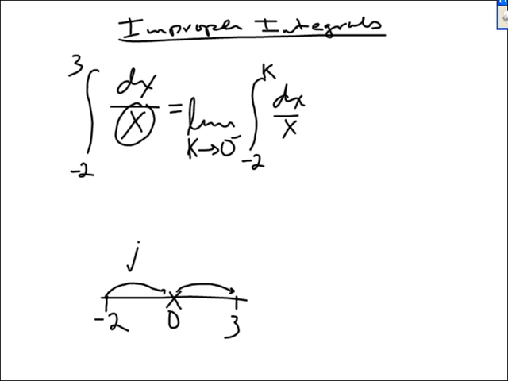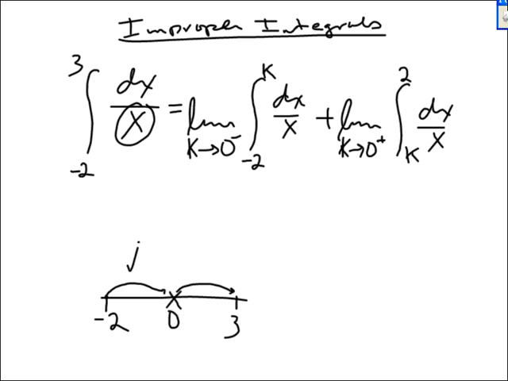That was this region. Plus, now we can use k again. You can go from k to 3, and then you take the limit that k goes to 0. It's really, really close to 0, but from above. And just keep writing limit.